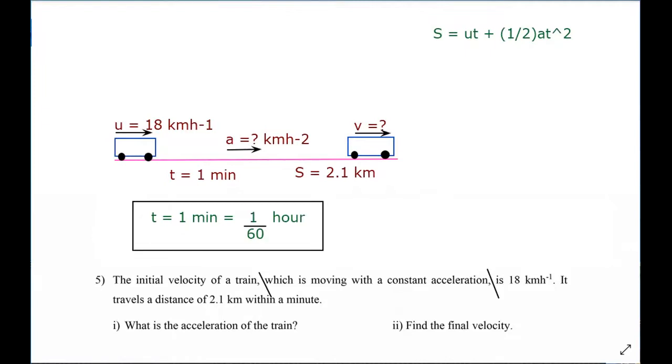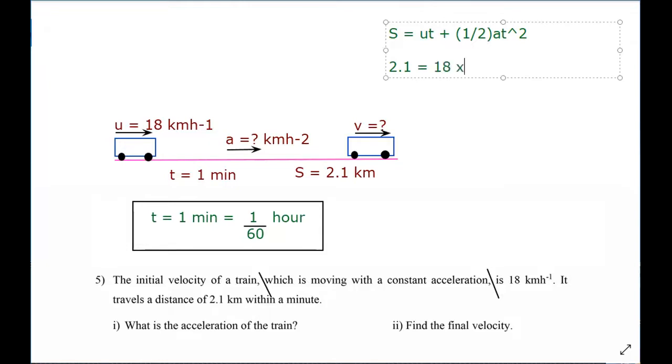Right, so let's go to this equation: S equals UT plus half AT squared. S is given, 2.1 kilometers. Initial velocity is 18 kilometer per hour. T, the time taken, is 1 over 60, because if we use kilometers, time should be kept in hours.